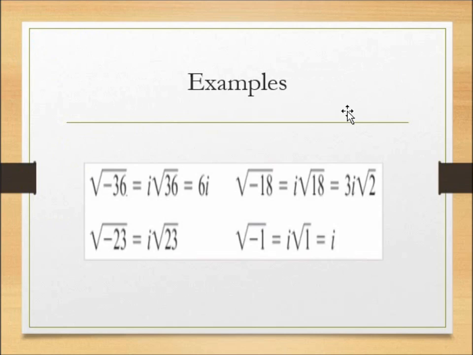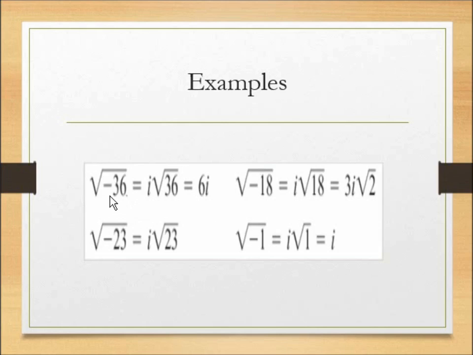Now if you look at these examples, these are pretty much the same type of examples that we did before. Now the square root of -36, this is the same thing that we did. We don't have to write it again and again as the square root of -1 multiplied by the square root of 36 in order to solve. Now we can do this intuitively.